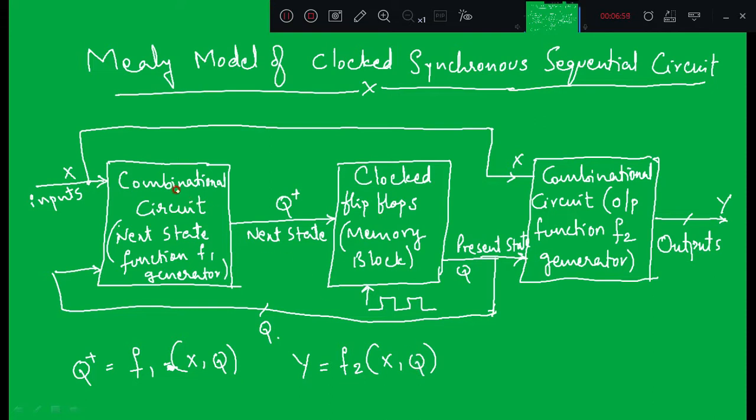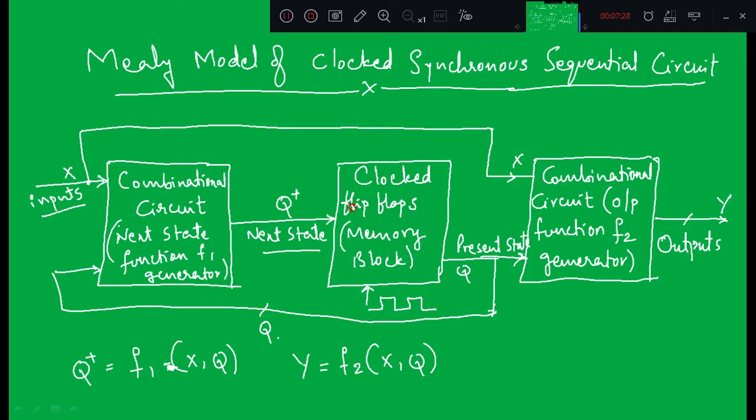So in the block diagram you can see the combination circuit, capital X acts as an input, right? And the output of that combination circuit is nothing but the next state, right? You can compare the last slide's block diagram and this slide's block diagram. It is the same, right? So instead of having two blocks, I have represented it using three blocks, right?